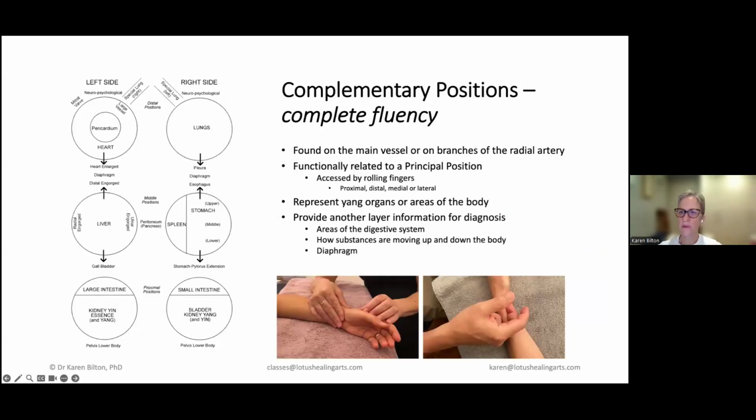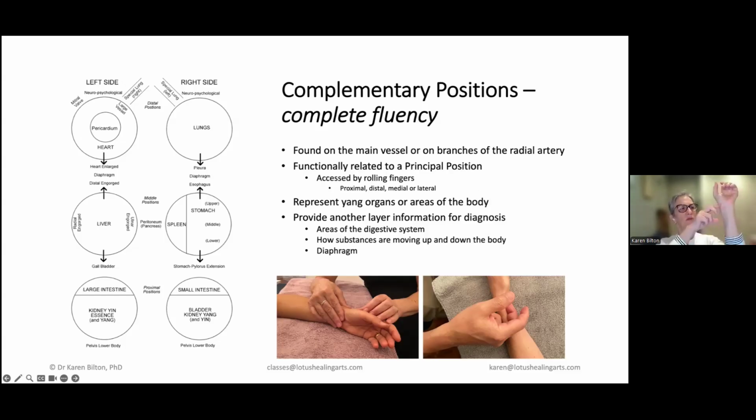Now, the complementary positions. Once you start adding in the information from the complementary positions, we're at complete fluency. These are accessed by rolling the fingers. Some are found on the main vessel or on branches of the artery.